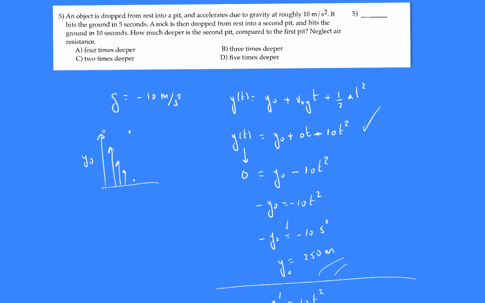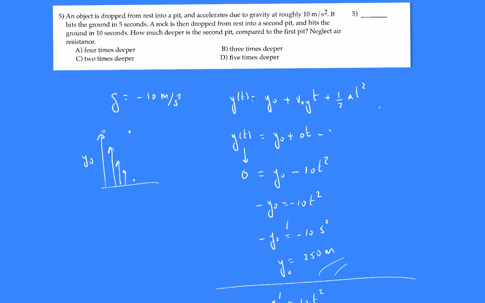So y of t will be y0, plus v0 which is 0, a is minus 10, so this is minus 5t squared. Sorry, I made a mistake.